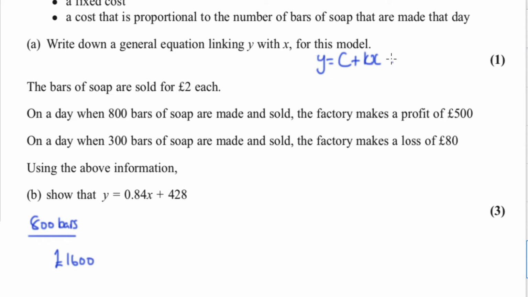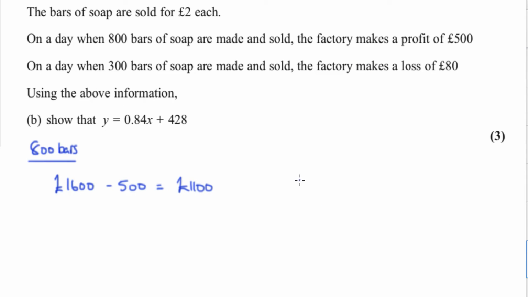But obviously there's a cost involved in that. So the cost involved must be the £1,100 that they don't receive in profit, because they're not getting £1,600 profit, they're only getting £500 profit. So this must be the cost to the company to make those 800 bars of soap.